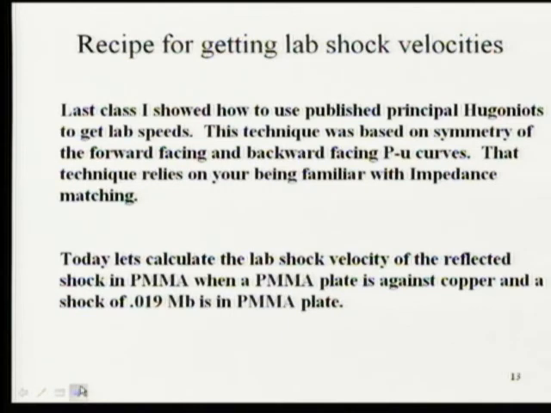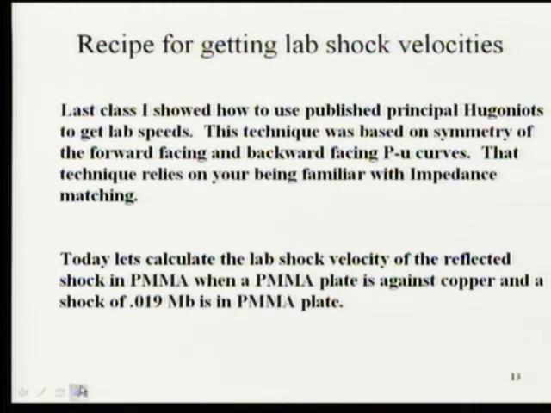So the last class, I showed you how to publish principal Hugoniots, how you can get lab speeds from them if there's motion in front. This particle motion. So this technique was based on the symmetry of forward-facing, backward-facing PU curves, and that's really getting into impedance matching, which is what we really want to get into today.